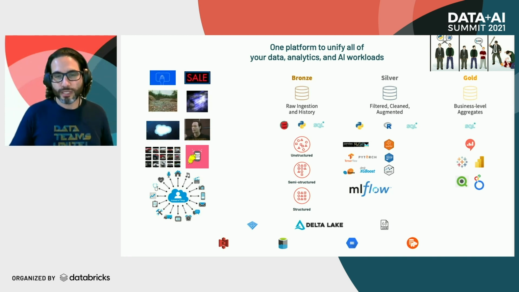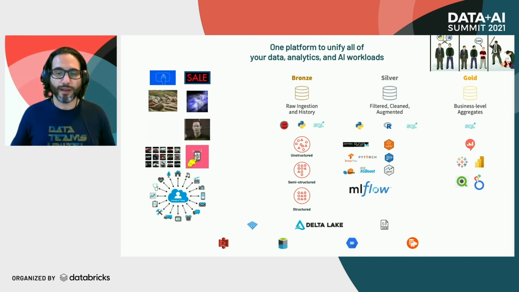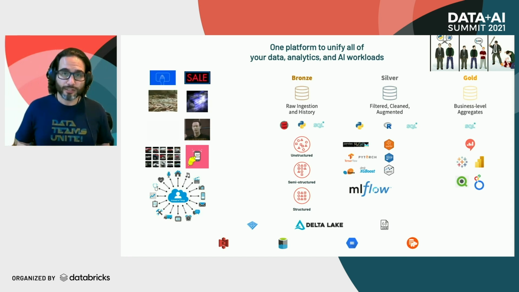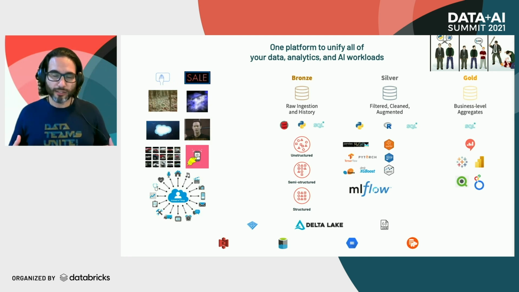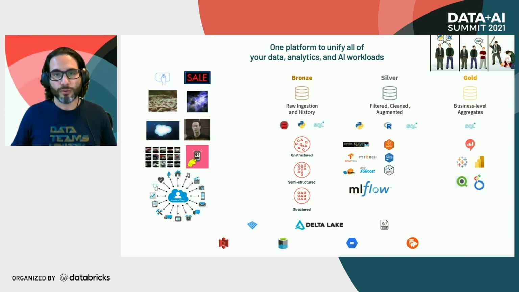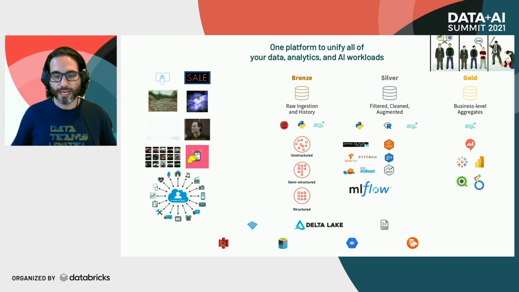So you would clean up the data from bronze, and you would use the tools in all of these different libraries and packages to derive value out of the data. And then your business users need to be able to report and analyze this data. And so they would be using tools like SQL Analytics, Tableau, Power BI, or Looker to analyze all of that data.